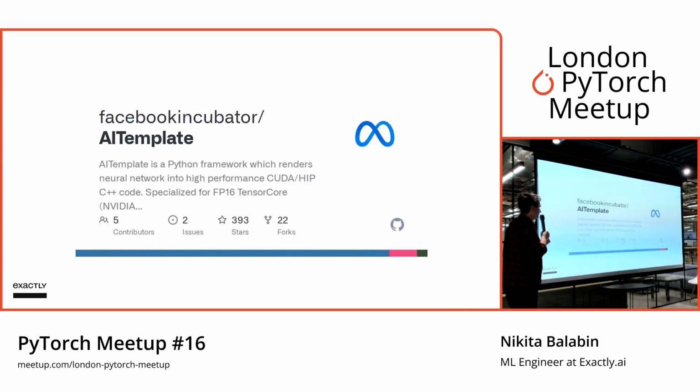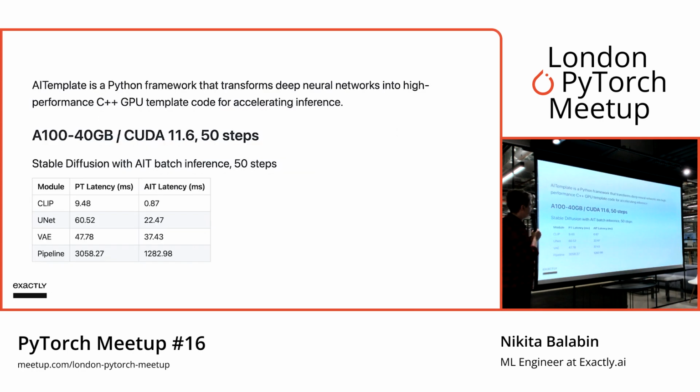Next slide. The last thing I want to mention is AITemplate by Meta. This one is about deploying. Next slide. It's a framework that doesn't compile, but creates a C++ GPU template for your models.